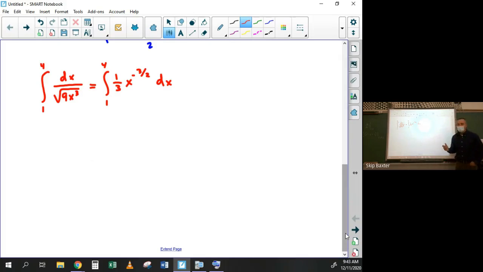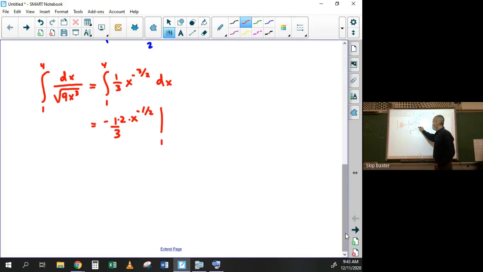Everybody cool with that? I just rewrote the radical as a power. And then this ends up being 1/3 x to the, if I add 1, I get negative 1/2, divided by negative 1/2, which is times negative 2, evaluated from 1 to 4.